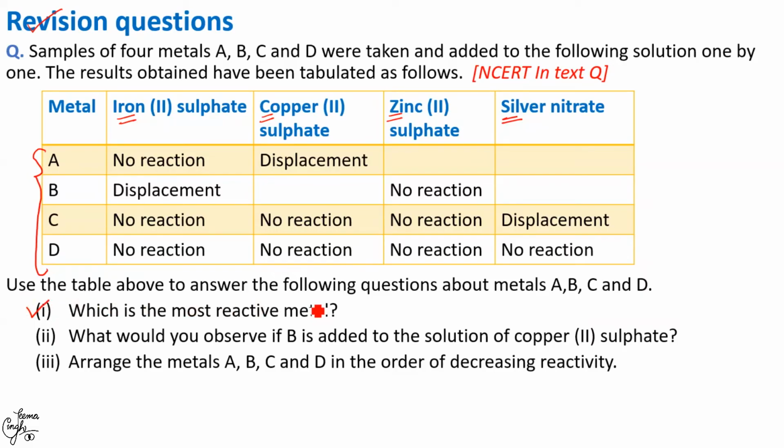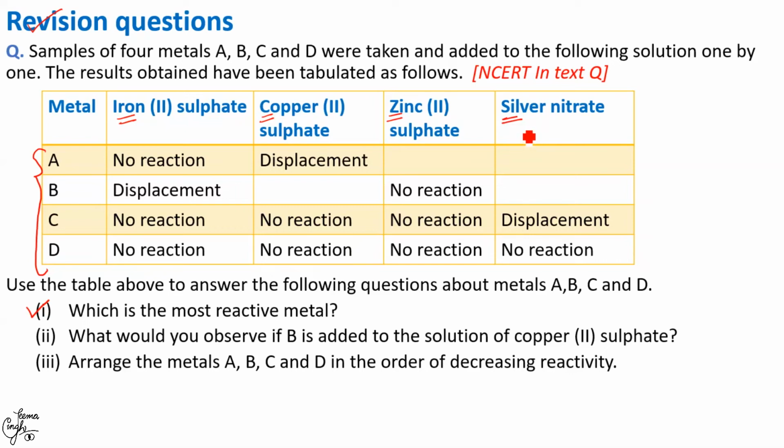Now, in order to answer this question, let us arrange the metals that are involved in the salt solutions in decreasing order of their reactivity. What does it mean? Here in these 4 salt solutions, you have 4 metals: iron, copper, zinc, and silver. Let us arrange them in decreasing order of their reactivity.